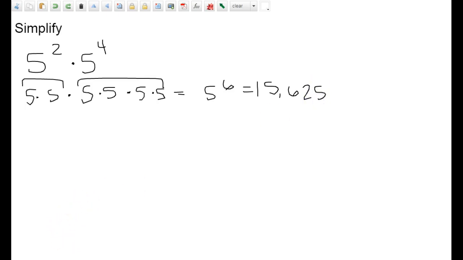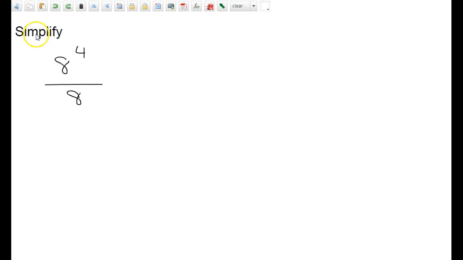There's one more type of problem. You could also simplify but have some division going on. On the top row, 8 to the 4th is 8 times 8 times 8 times 8. On the bottom, there is no exponent, so we only have one 8.